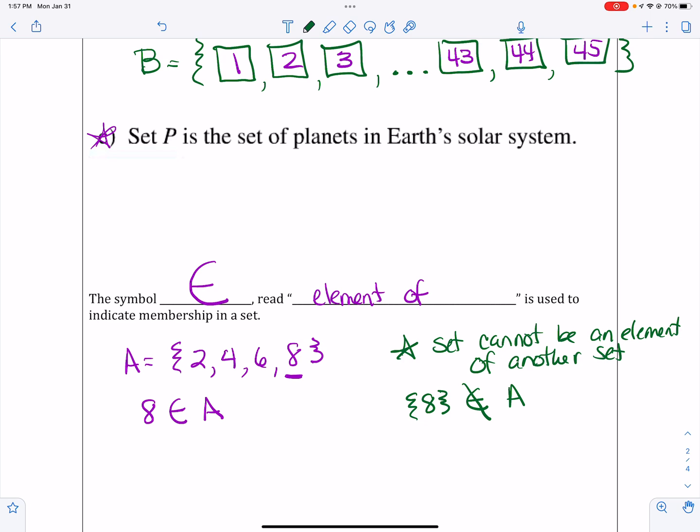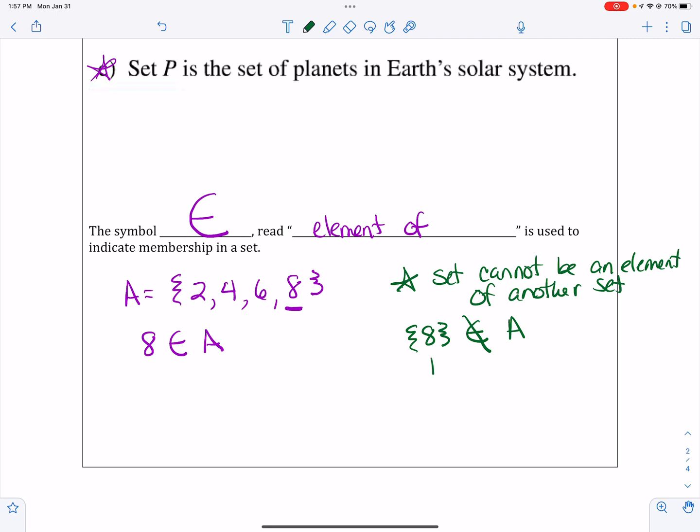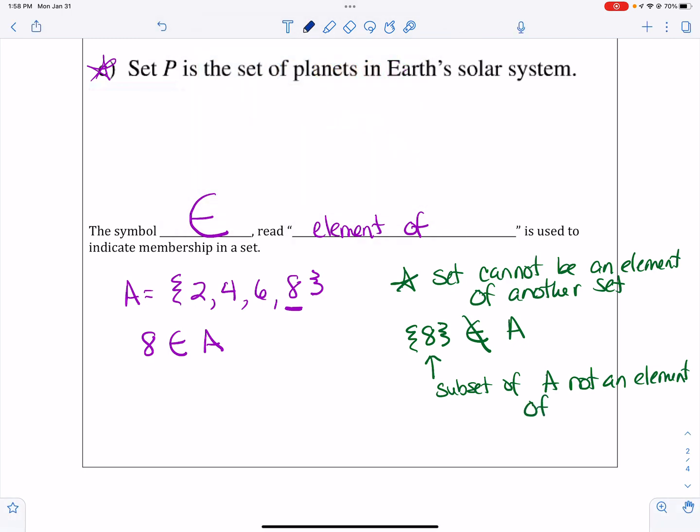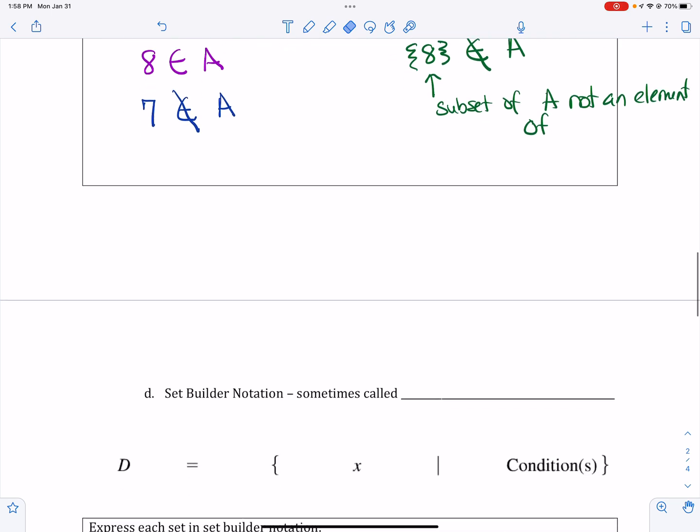So basically this right here would be a subset of A, not an element of A. And if we went back to this other one over here, we could say that 7 is not an element of A because it doesn't have membership in that group, okay?